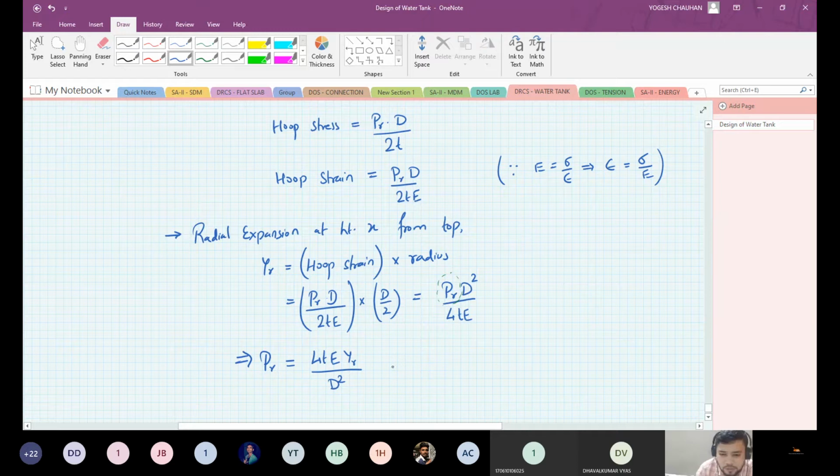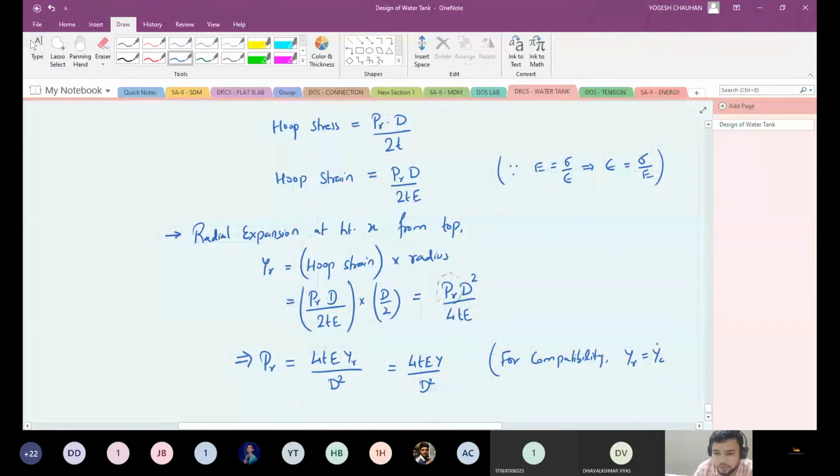So YR is equal to YC, that is the radial expansion should be equal to the deflection due to cantilever action, and let this value be some y.